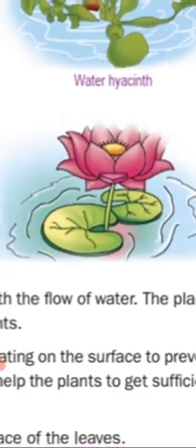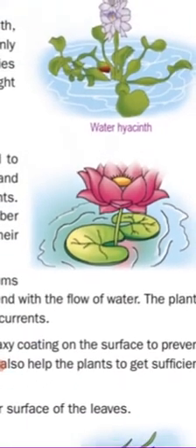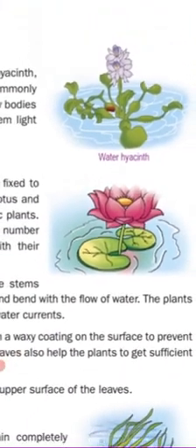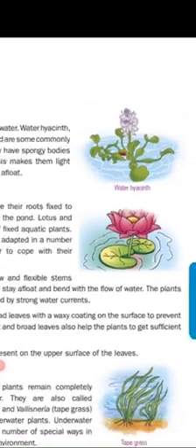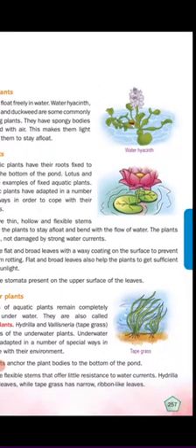Due to these flat and broad leaves they are able to get sufficient air and sunlight. Clear? So next, they have stomata present on the upper surface of the leaves. Already we know that with the help of leaves, the plant produces its food. Yes or no? Yes. So here, on the upper surface of the leaf, stomata are present. Okay.